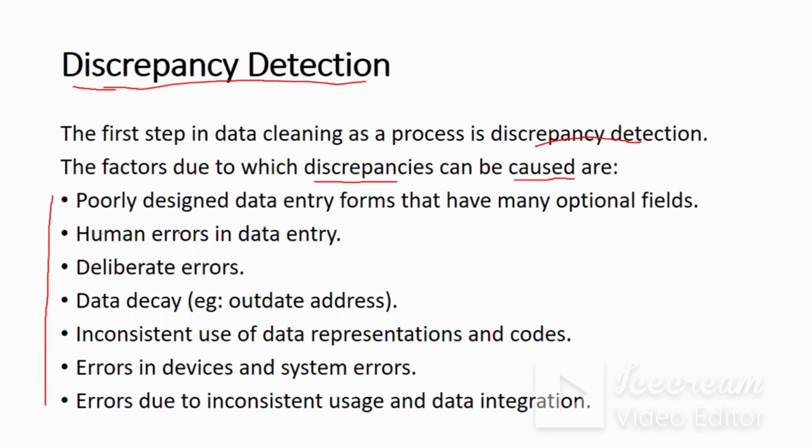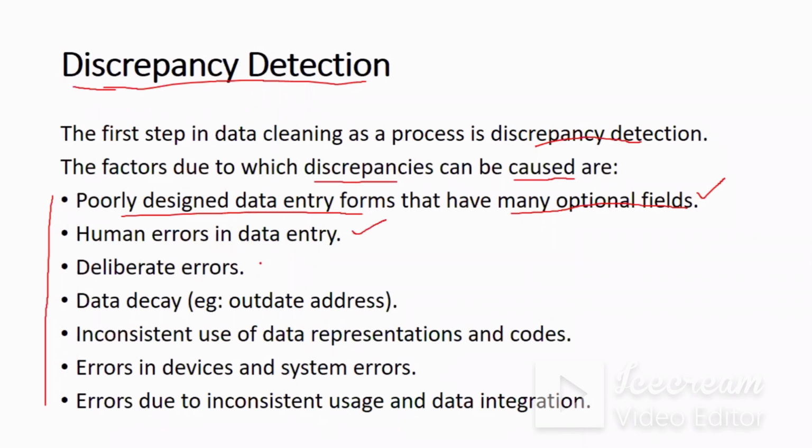The discrepancies can be caused by poorly designed data entry forms that have many optional fields, where people can write anything. That could be one reason for discrepancies in the data. Human errors in data entry can be another reason.